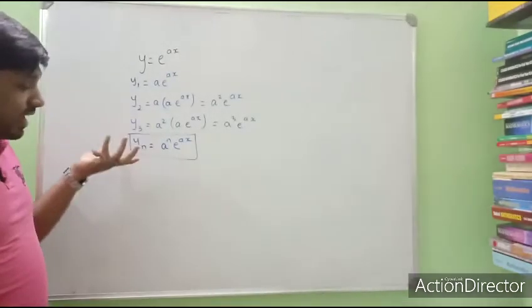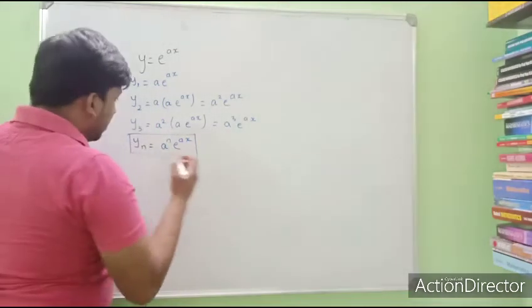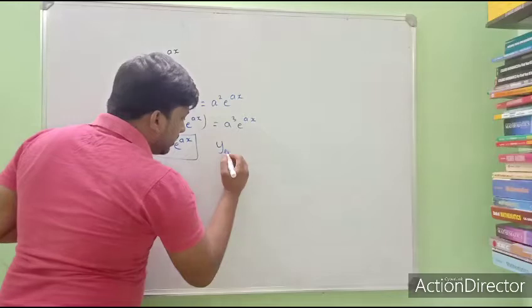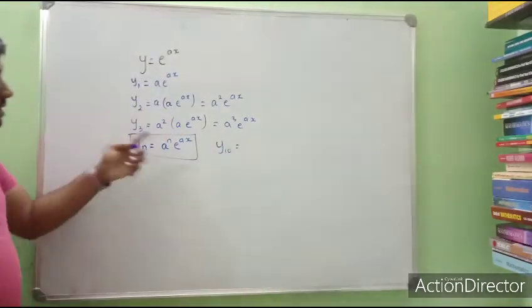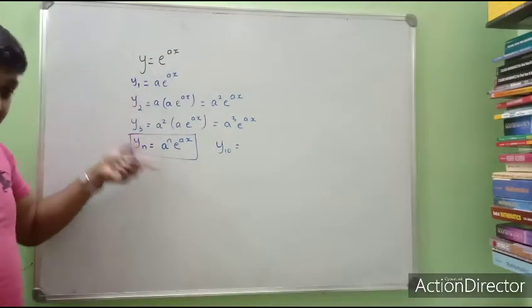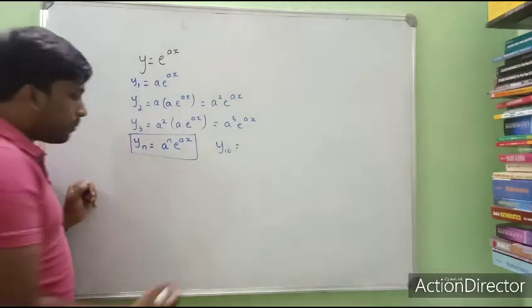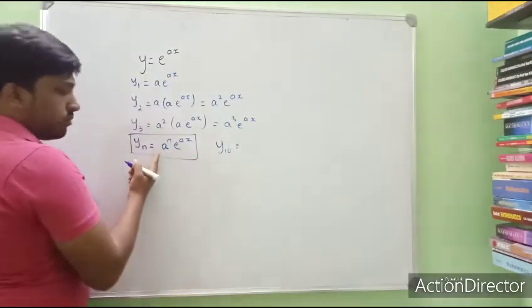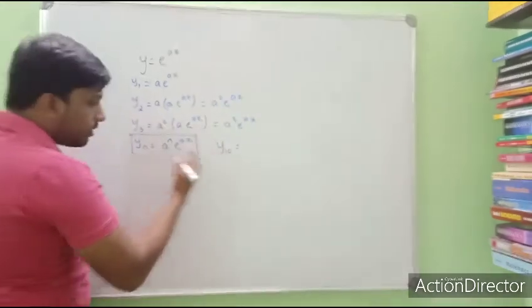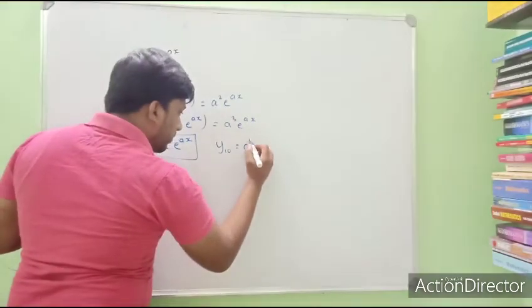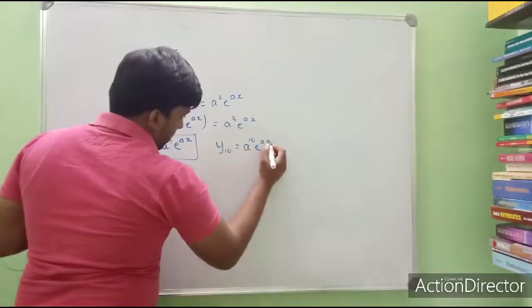So n can take any value. Let me take the 10th derivative of this function. If you differentiate 10 times, what's going to happen? We have derived the general form, right? So you will put a to the power of 10 into e to the power of ax.